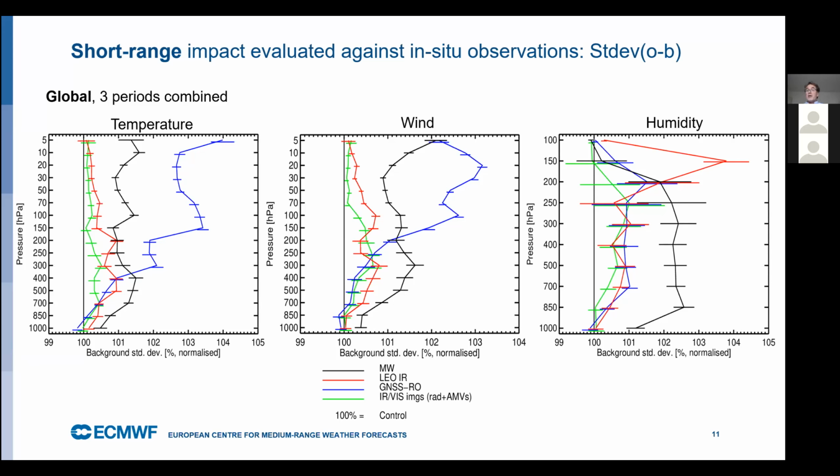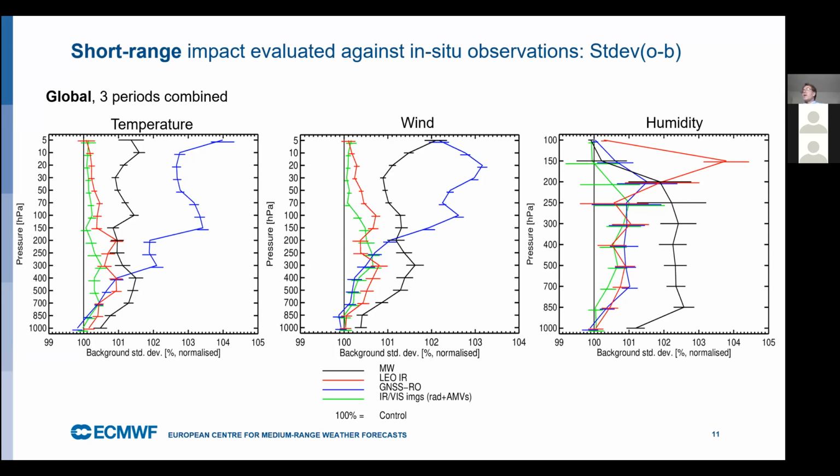You can do the same thing for wind measurements. That's the middle panel here, and again you can see that the RO is having the biggest impact above 200 hectopascals in the wind. This interval above 200 hectopascals is the core region, where we expect to see the RO having the biggest impact, so that wasn't a big surprise.